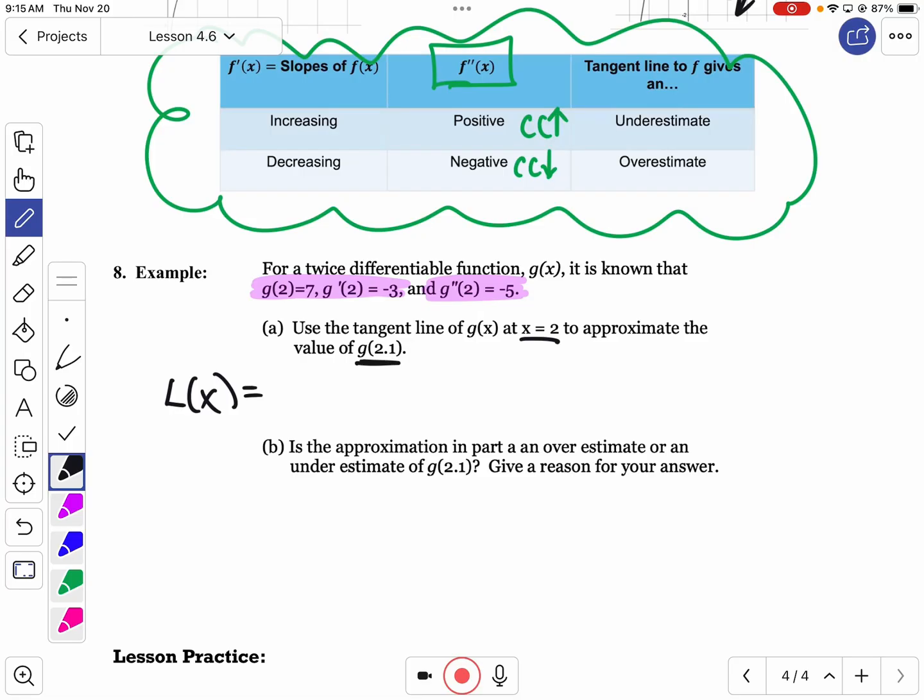What's your tangent equation or your linearization equation going to be? Yep. Plus 7.